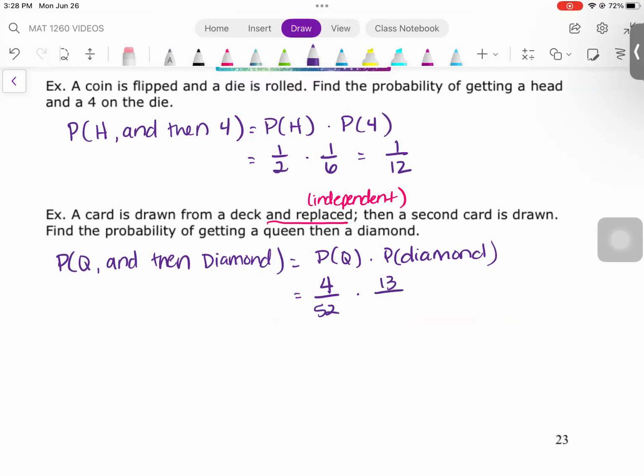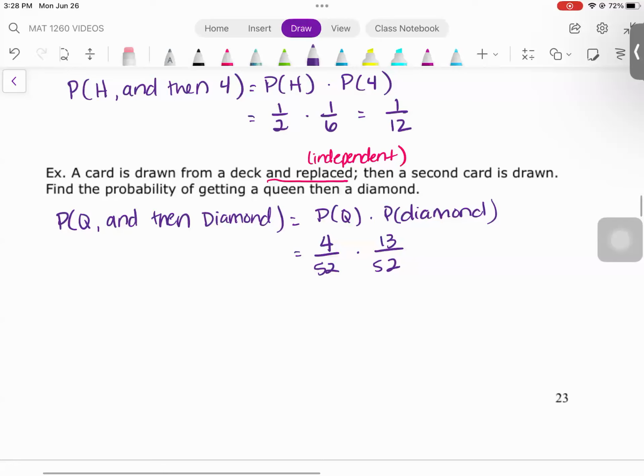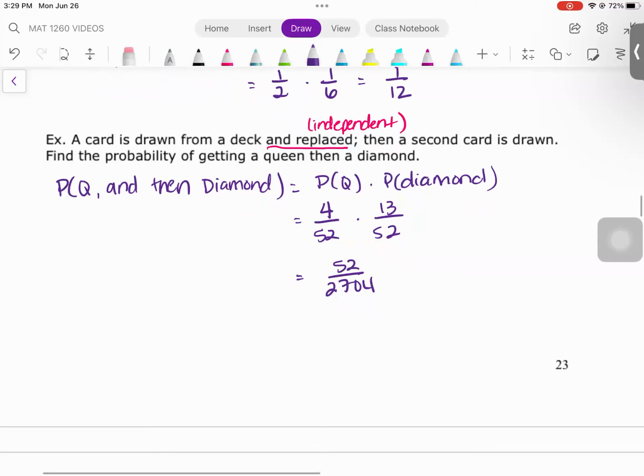There are 13 cards in each diamond out of 52 cards. Multiplying across, we get 52 divided by 2,704. A lot of times in examples dealing with the deck of cards, we can simplify those fractions, not necessarily always, but I would encourage you to try just to practice simplifying using whatever technology you want to use. When we simplify this fraction, we get 1/52.